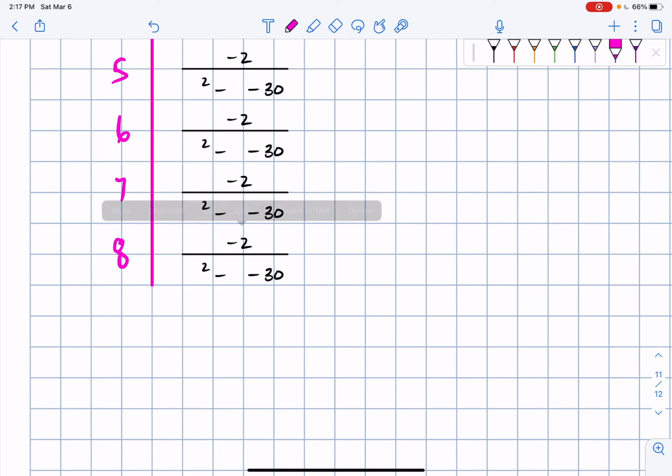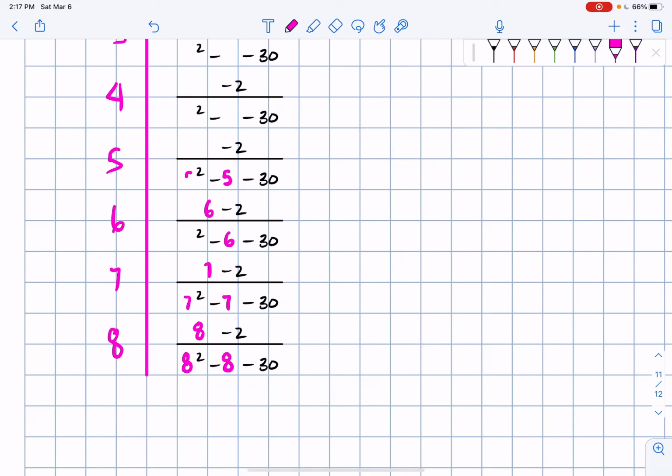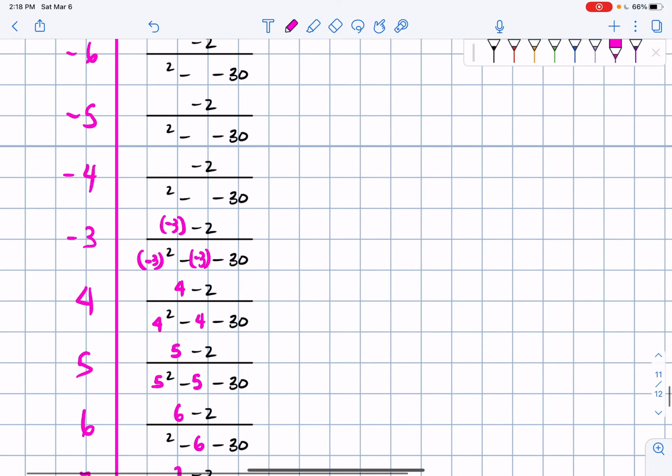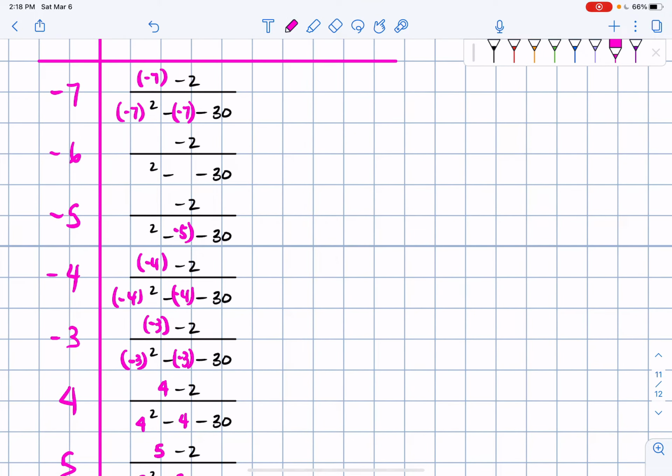All right. So this is going to be 8, 7, 6, 5, 4, negative 3, negative 4, negative 5, negative 6.